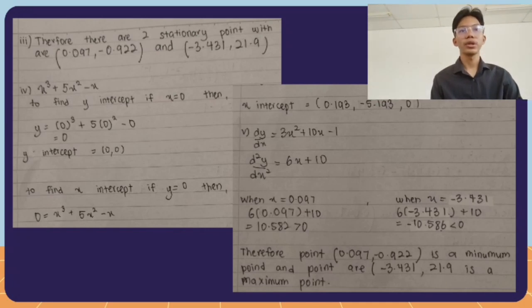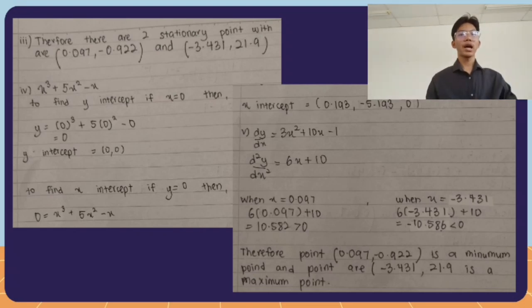The next step is to find the y-intercept. If x equals 0, then y equals 0 to the power of 3 plus 5 times 0 to the power of 2 minus 0, and we get 0. So the y-intercept is (0, 0).